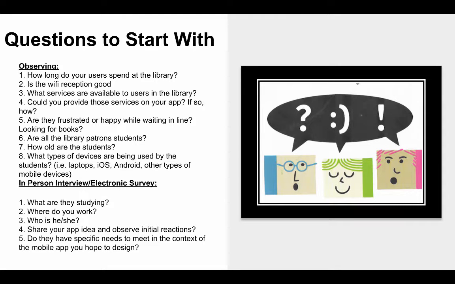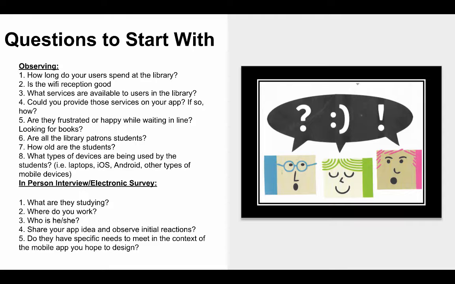After you've done your initial sticky note brainstorm, it might be a good time to observe users in different situations. What this means is wherever you've determined that users will use your app, let's say for example the app you're designing is to borrow books at UH West Oahu Library, you want to make some observations about the library and the students and people that are in there.